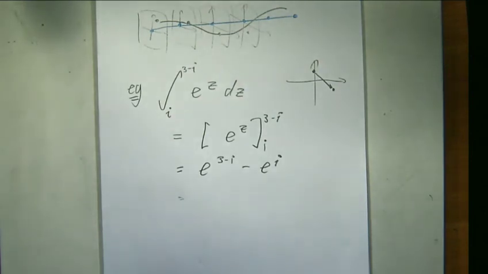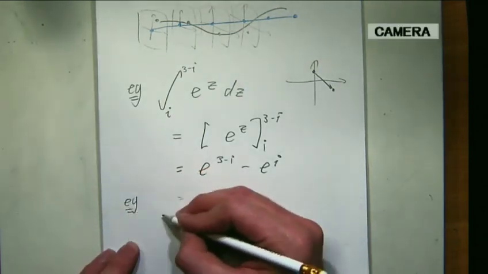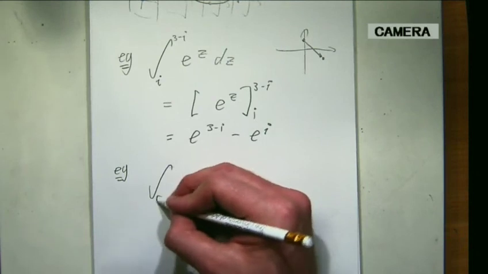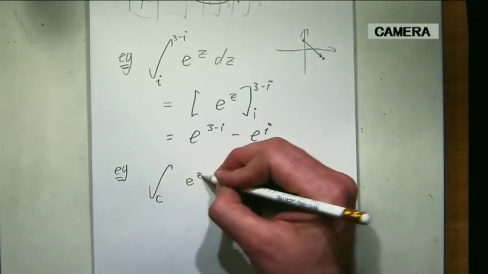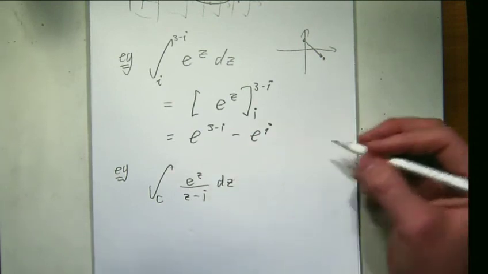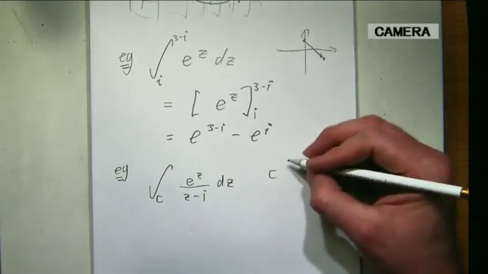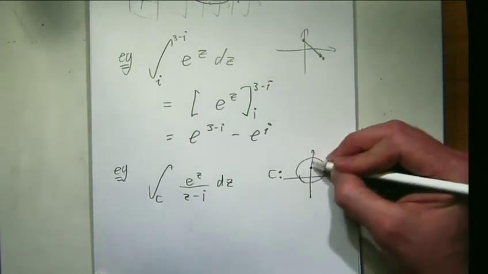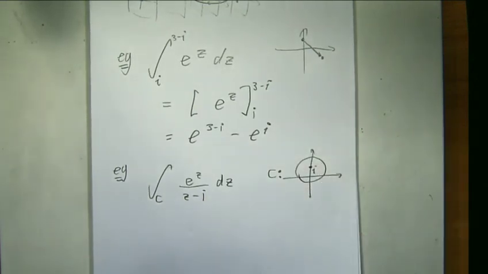And the other thing that happens is that if you've got a curve, then the residue theorem tells you that you can try and figure out the Laurent series and find the n minus 1 power term.